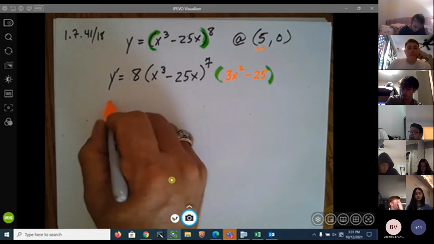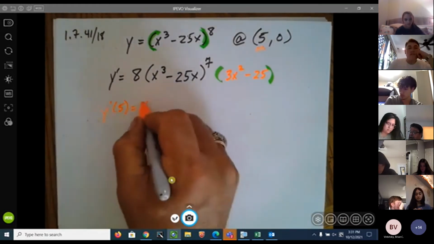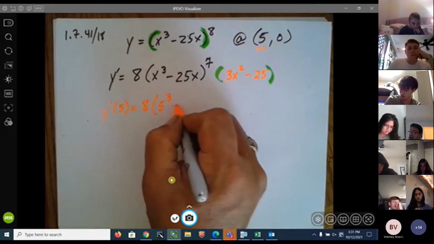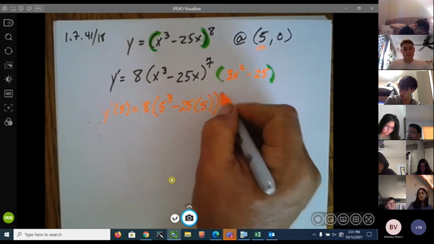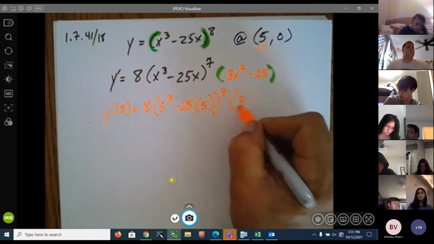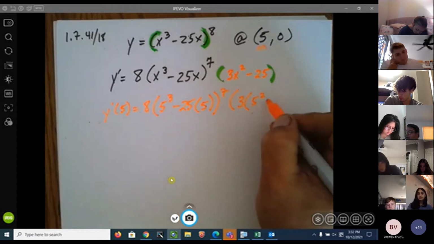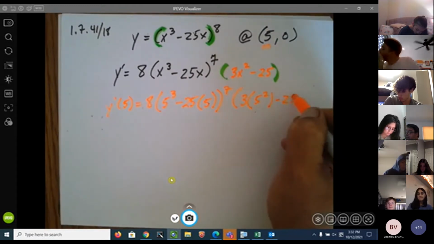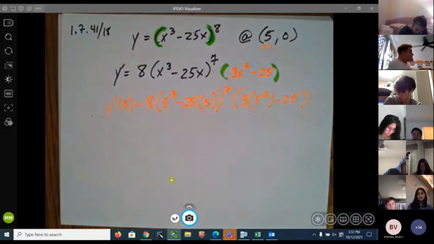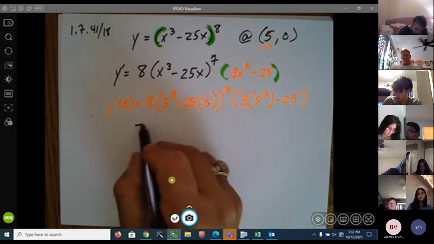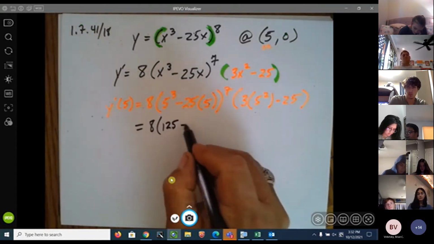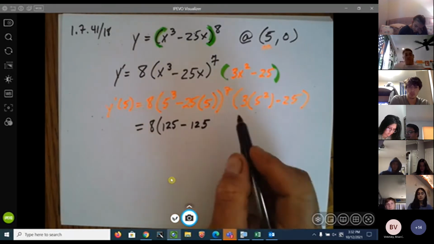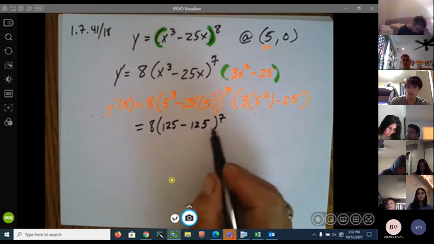So y prime of 5 is equal to 8 times 5 cubed minus 25 times 5 to the 7th power, 3 times 5 squared minus 25. So that's equal to 8 times 5 to the third is 125 minus 125, thank goodness. And what happens to that?